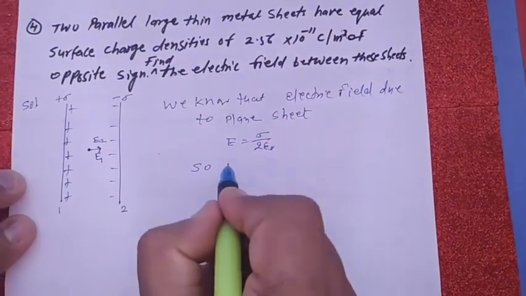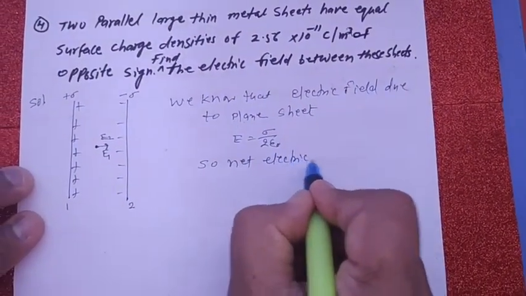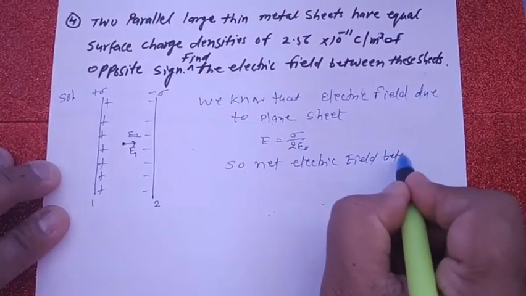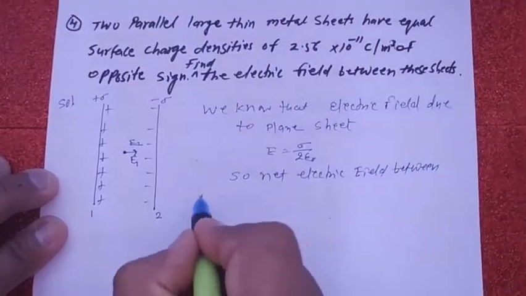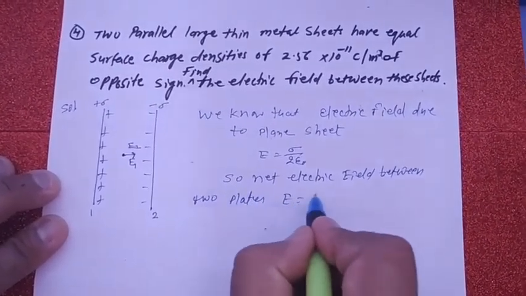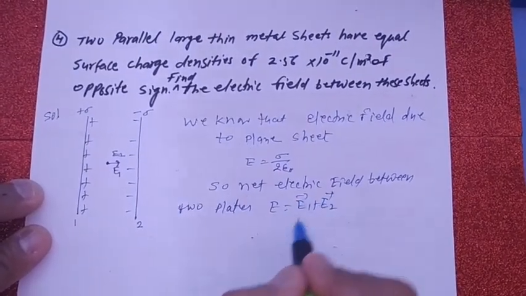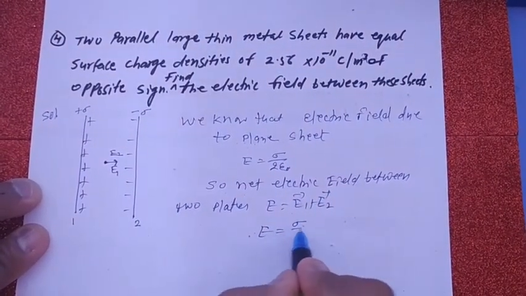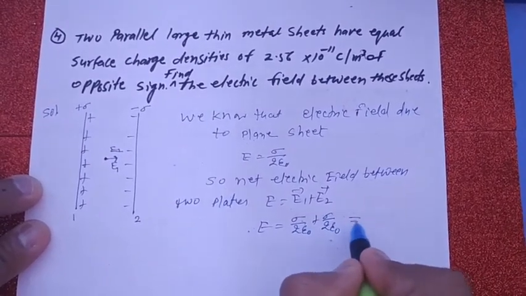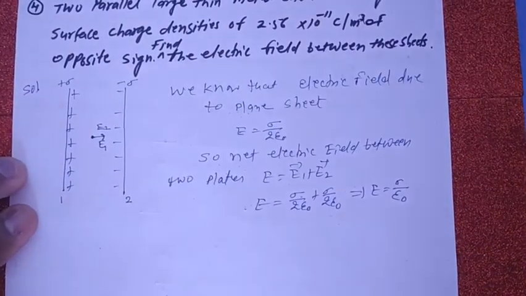So the net electric field between two plates is E equal to E1 plus E2. Both are in the same direction, so E equal to sigma upon 2 epsilon naught plus sigma upon 2 epsilon naught. What we get? E equal to sigma upon epsilon naught.